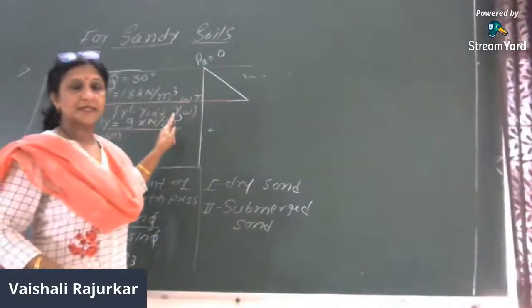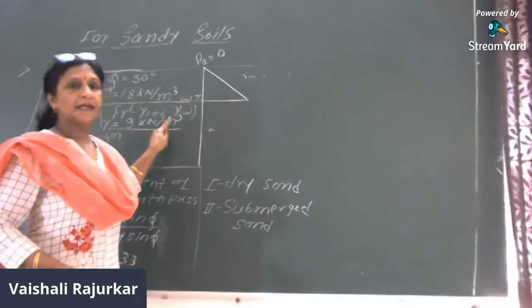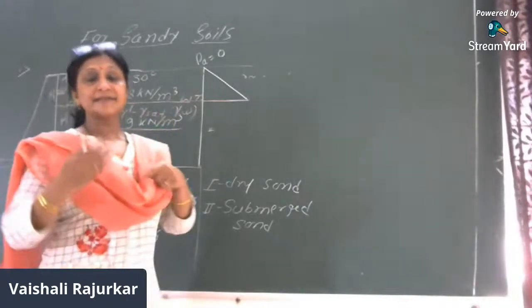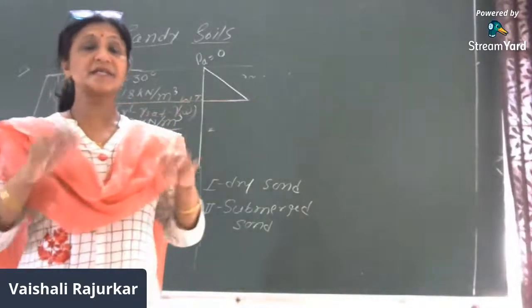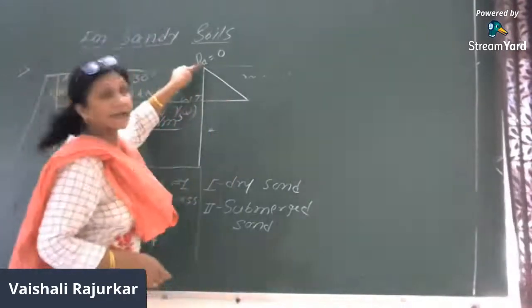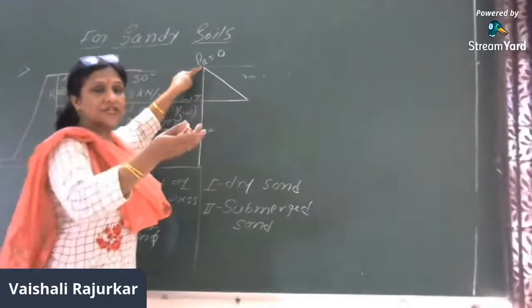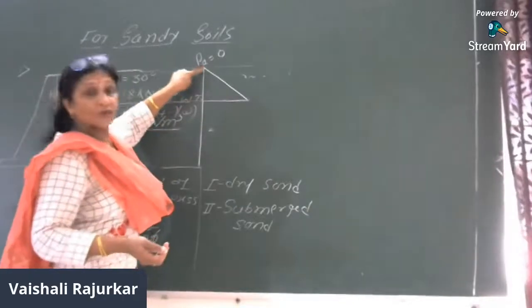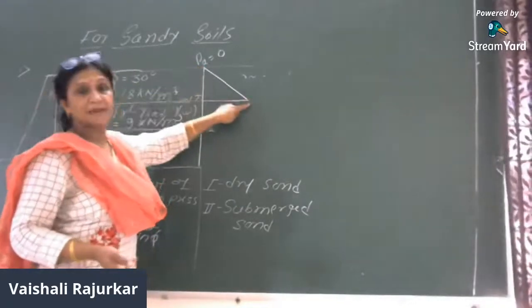An adjacent structure in this case is a retaining wall. So sandy soil has a tendency to give all its mass to the adjacent structure. Therefore, the pressure starts immediately from the top itself. But over here, it will be 0 and maximum at the bottom.